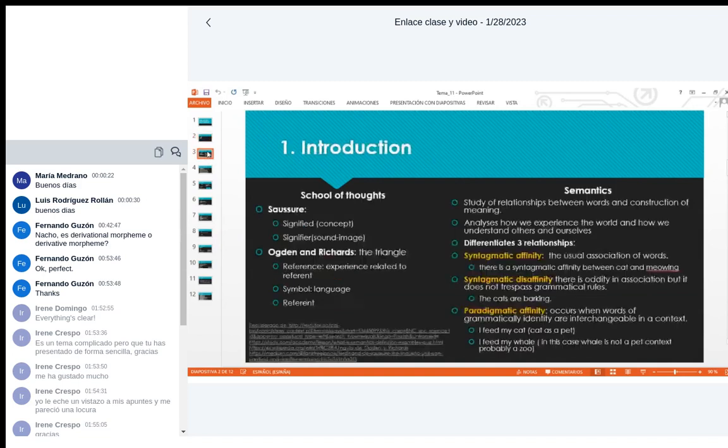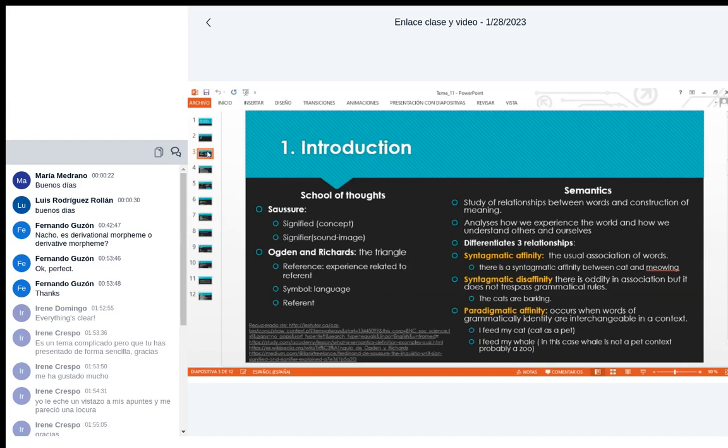Right. So, the first topic we're going to be dealing with is the schools of thought regarding the lexicon. First of all, we have Ferdinand de Saussure's current of thought, who made the difference between two different concepts: the signified and the signifier.